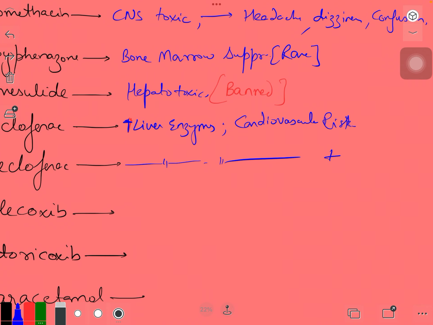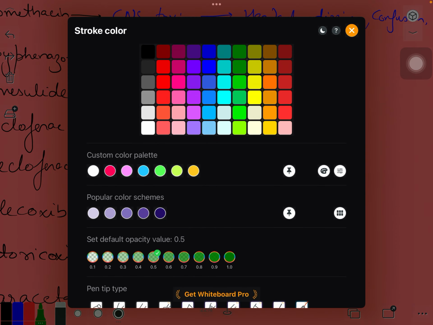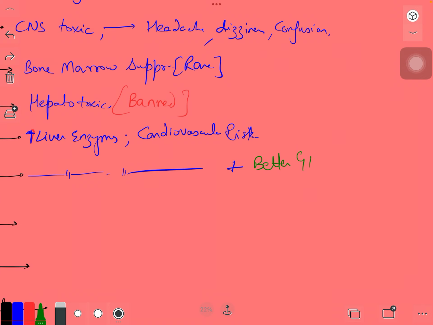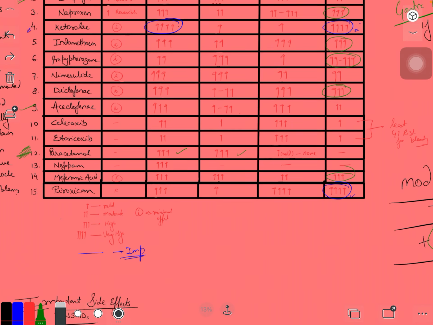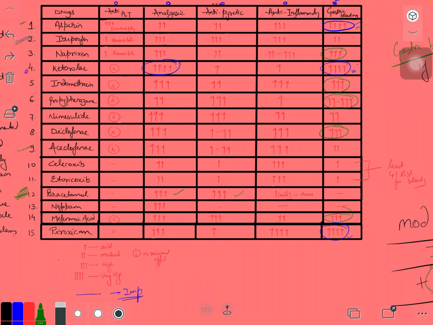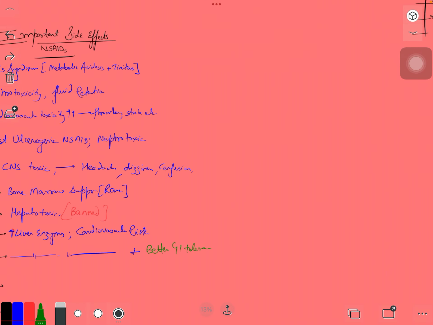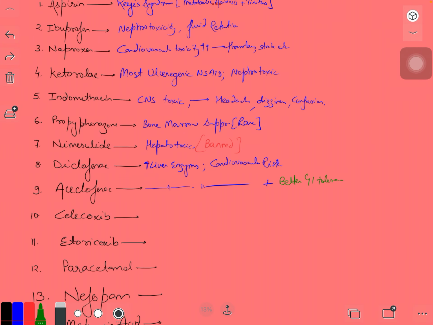Plus, there's one better thing that we must know: it has better GI tolerance. While talking about the side effects, try to keep this table to your side. We were at aceclofenac. See, it has slightly lesser risk than diclofenac of causing gastric bleeding. So overall, better GI tolerance.